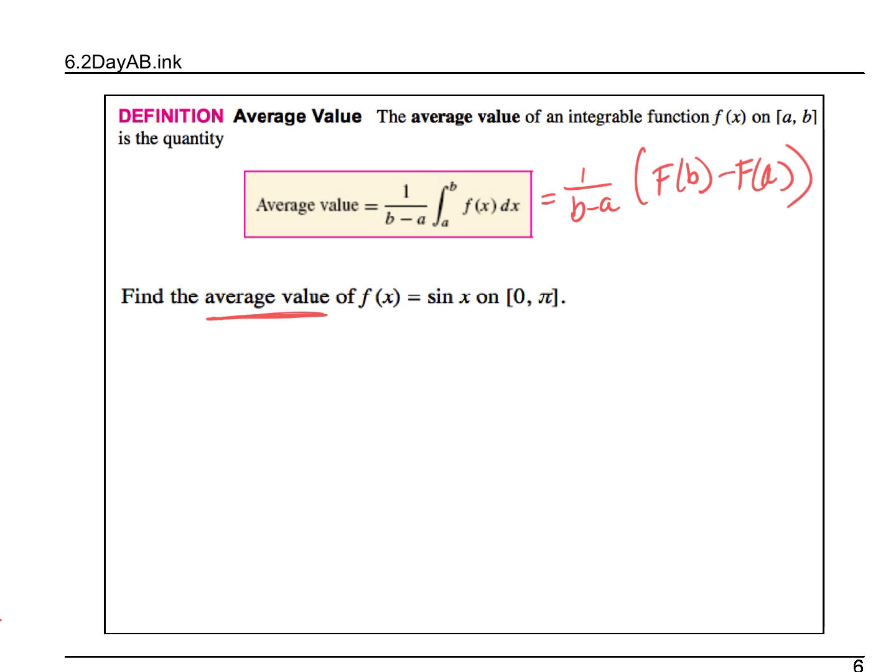So the simple example right here is, here's your a, here's your b, here's your f. It's just 1 over pi minus 0, integral 0 to pi sine x dx. If you have a calculator, fine. If you don't, this is easy enough. You would have 1 over pi minus 0, or pi, times negative cos, from 0 to pi.